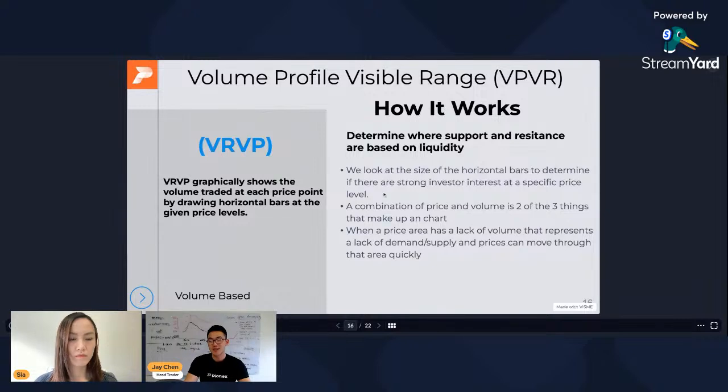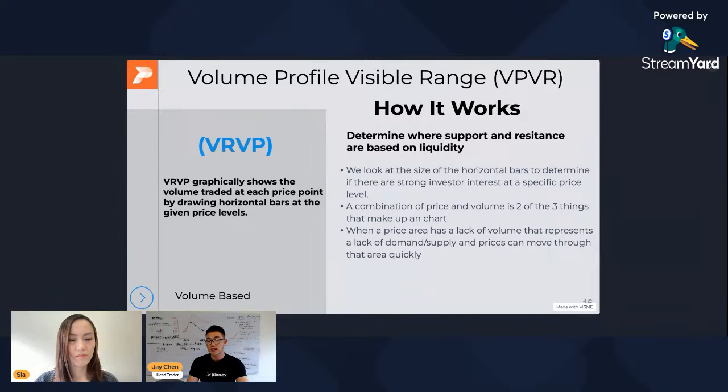Okay, so this is one of my favorite indicators, and someone asked about this last time, so you guys have to pay attention for this one. This is the volume profile visible range. The reason I like this indicator so much is it takes into consideration volume and price. Usually the previous indicators that we looked at only take into consideration price, right?